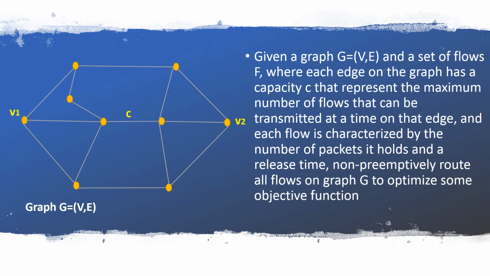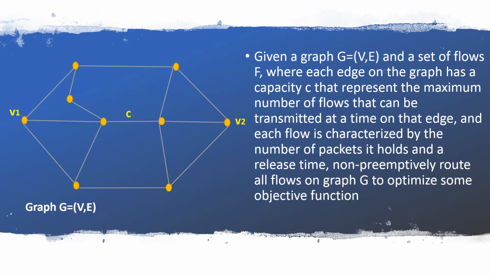Routing is the process of finding a communication path between two devices in the network to transfer information flows from one device to another. We define the problem as given: an arbitrary graph G with a set of vertices and a set of edges that connect those vertices, and a set of flows where each edge on the graph has a capacity C. That represents the maximum number of flows that can be transmitted at a time on that edge.